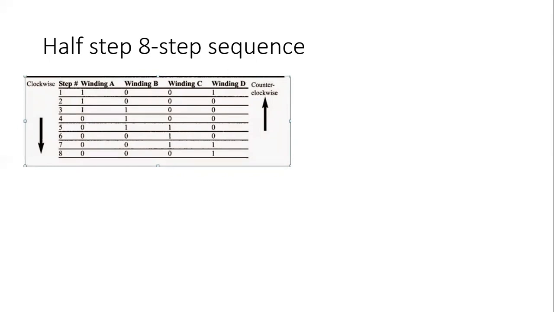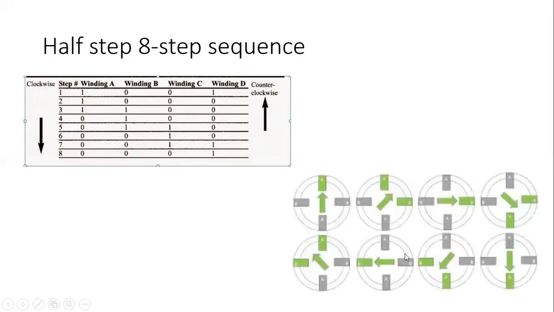Then we need to rotate it as many times as needed to complete a sequence. You can start from any sequence, but it needs to be in the proper order so that the motor can be rotated in clockwise or counterclockwise direction.